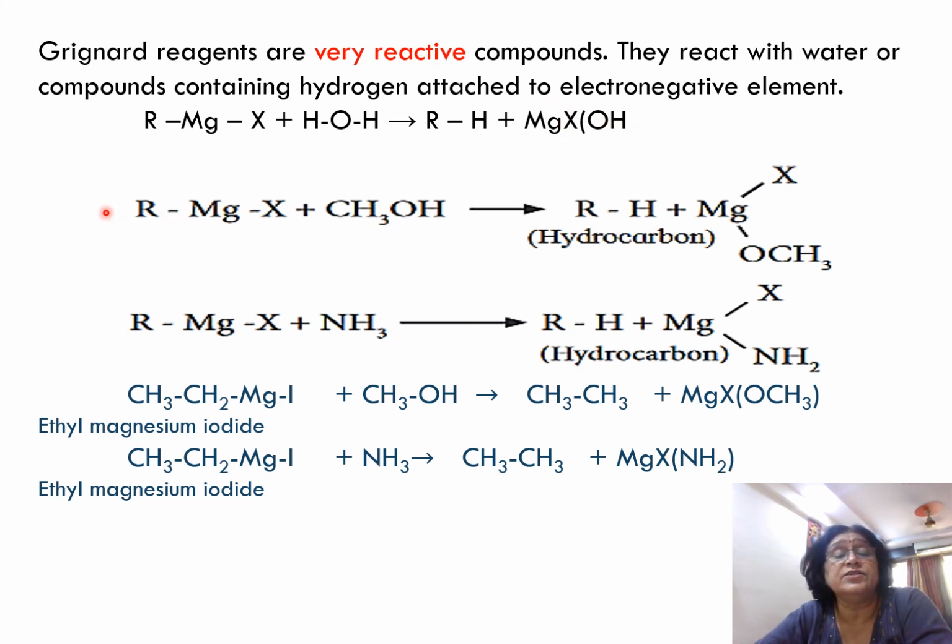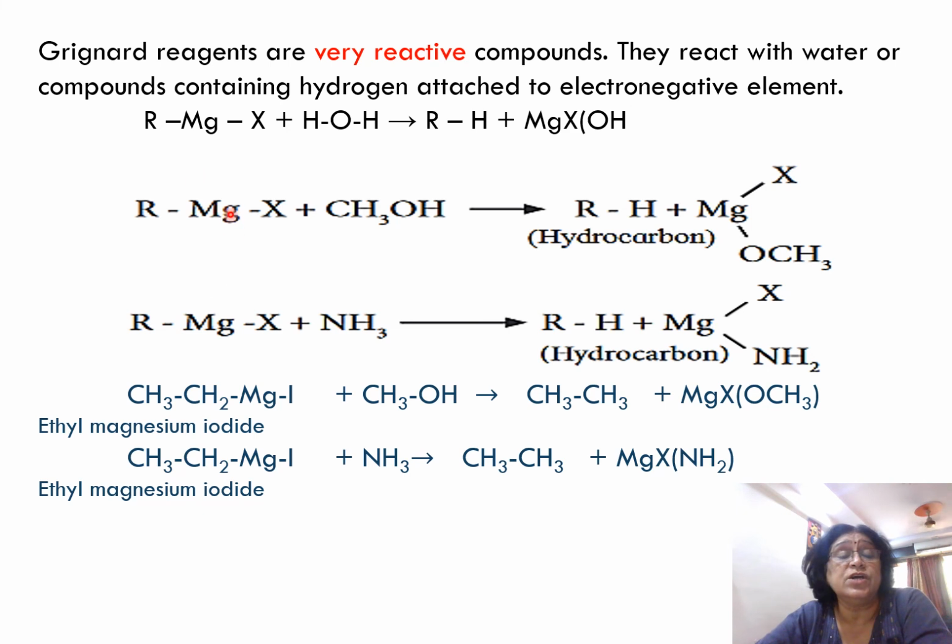When a Grignard reagent is treated with methyl alcohol, again it extracts the H, it attacks the H towards itself and a hydrocarbon is formed, and the magnesium halide also gets bonded with OCH3. So methoxy magnesium halide is formed. When alkyl magnesium halide, the Grignard reagent, is reacted with ammonia, again it forms a hydrocarbon and amino magnesium halide is formed.